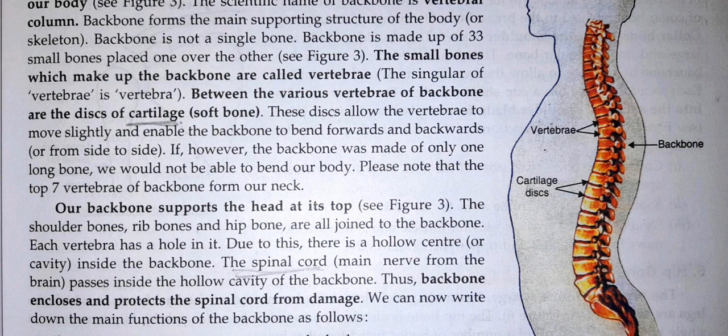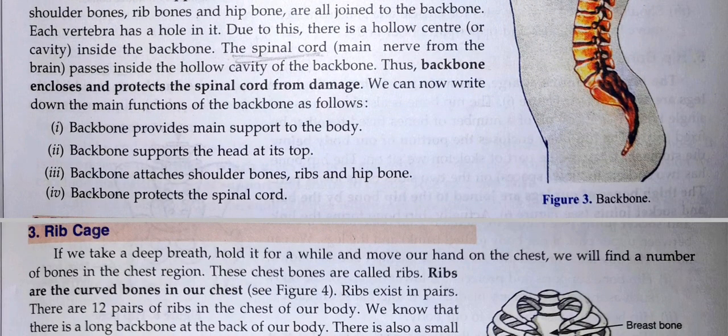It gives support to your spinal cord also, and protects the spinal cord from damage. So from this we came to the conclusion of what the functions of the backbone in our body are. First, it provides main support to the body. Second, it supports the head at its top.